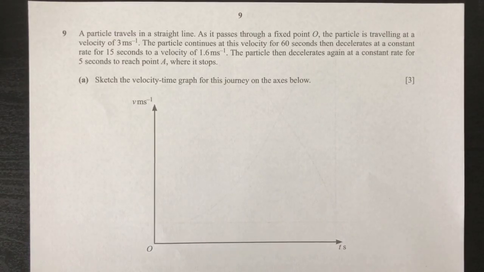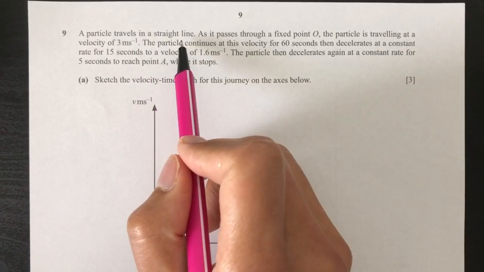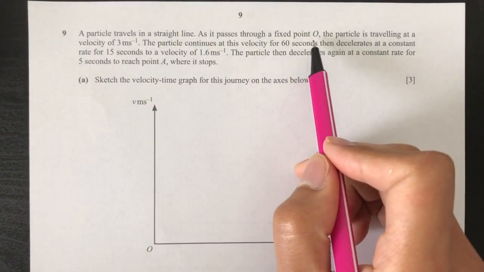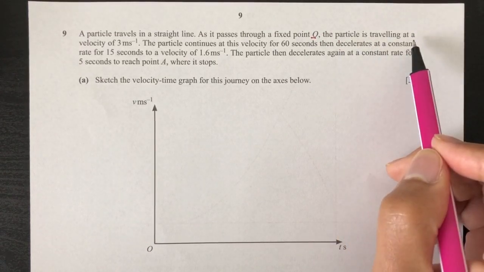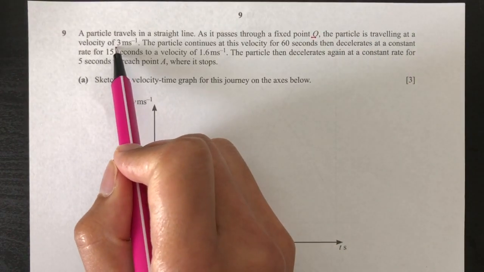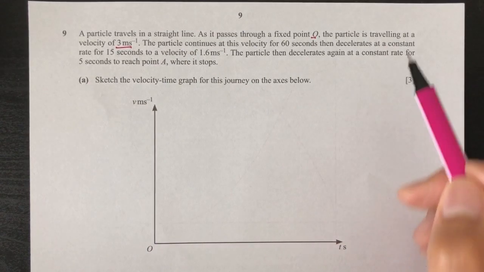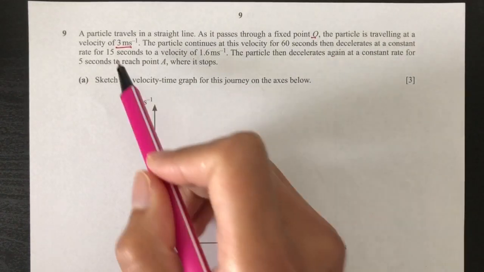Now question number 9. We have a particle that travels in a straight line as it passes through the point O, which is this point. The particle is traveling at a velocity of 3 meters per second. So that's the first point at 0, 3.